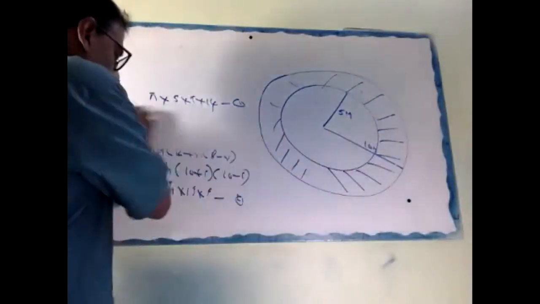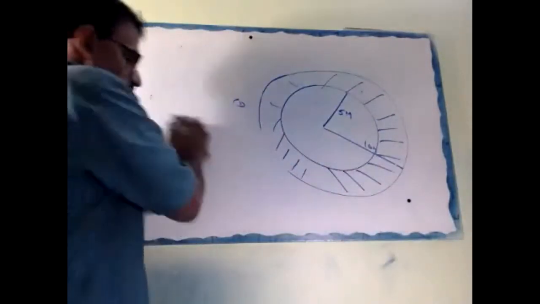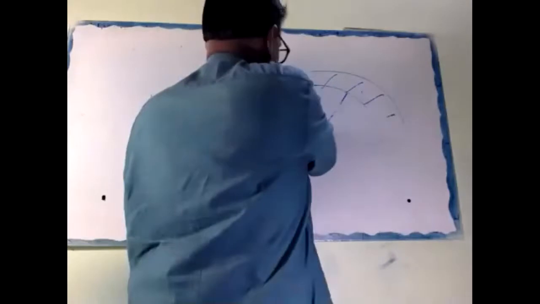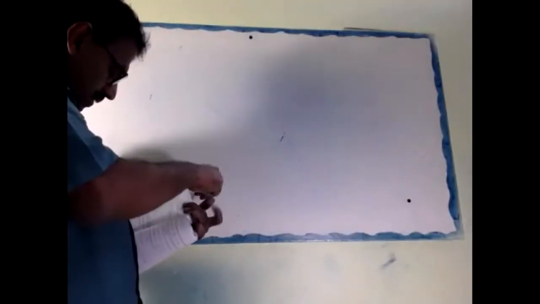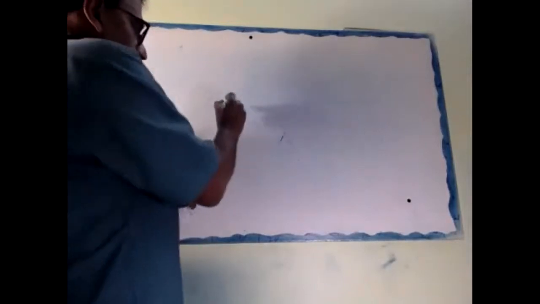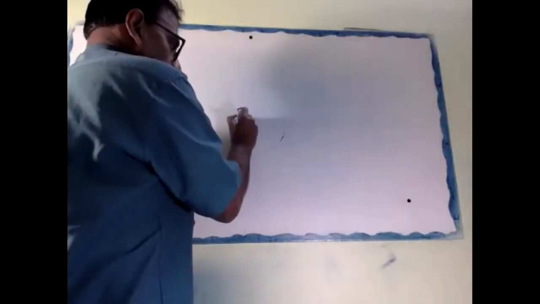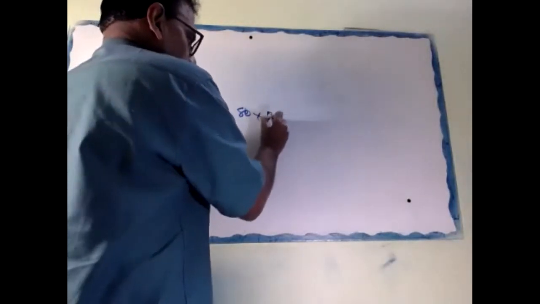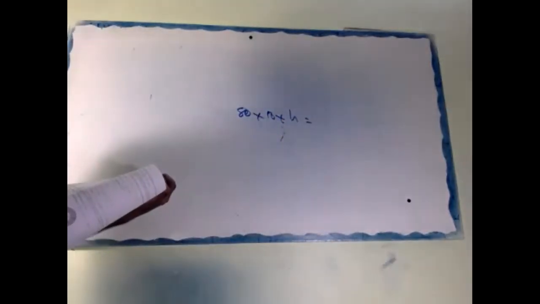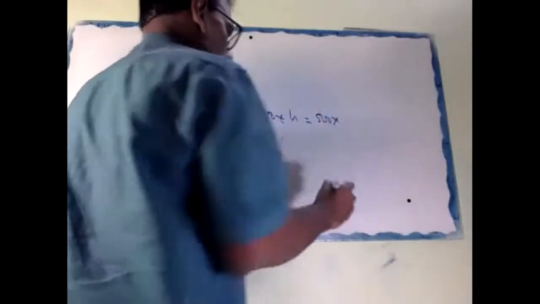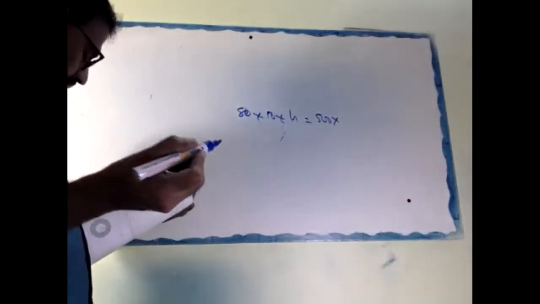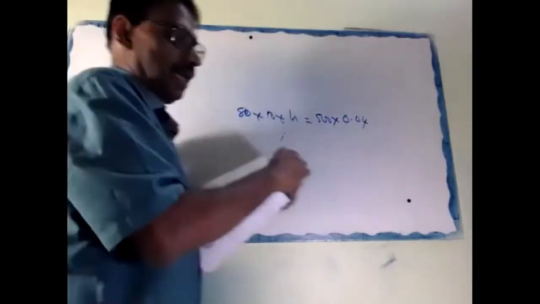So that is, look at here, 80 into 50 into h equal to 500 persons into how much the water for one person's rise? 0.04. Okay, you find out h. Clear now?